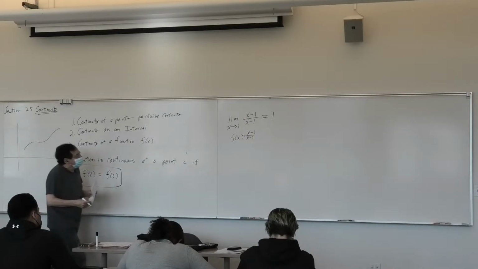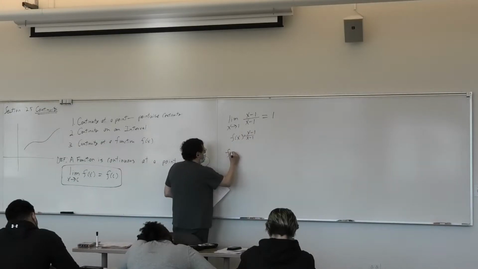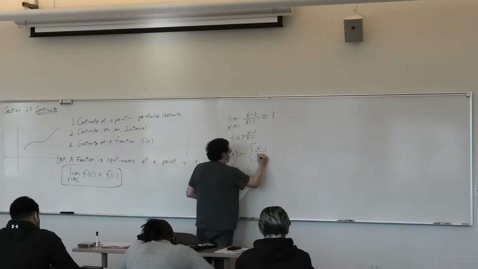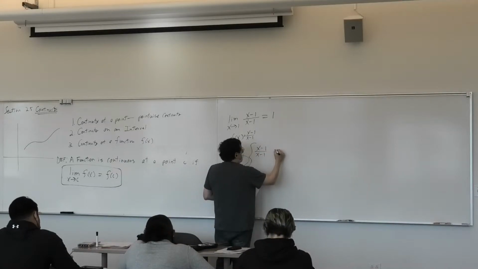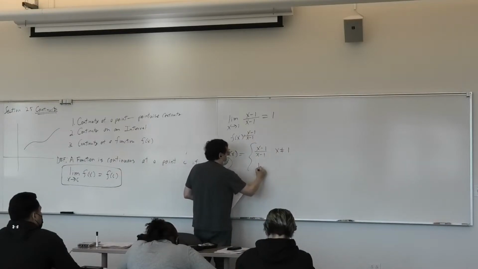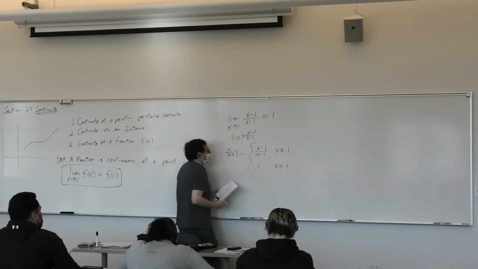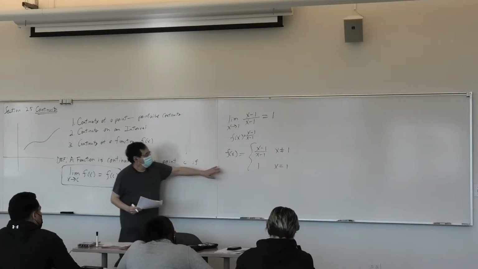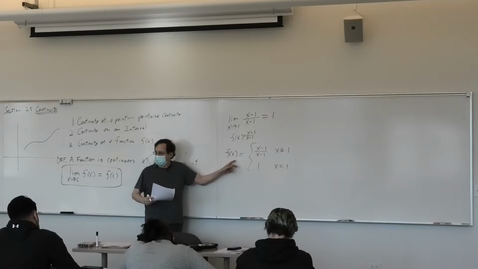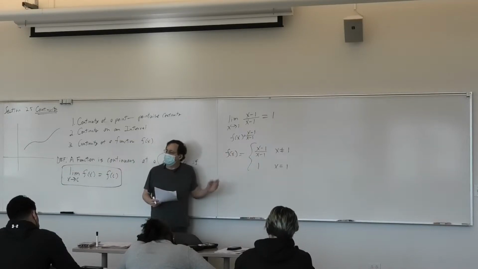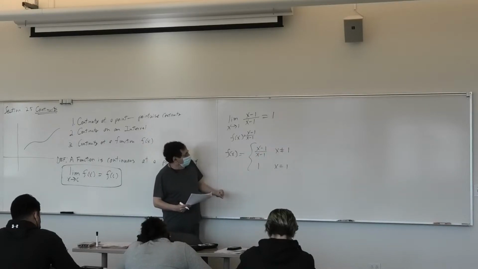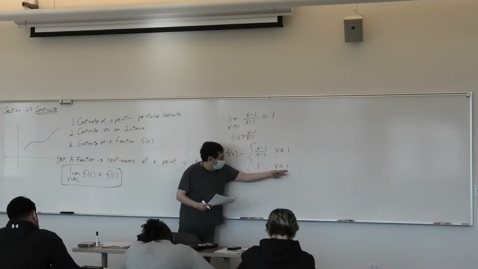Now, I could redefine this function this way. I could say f of x equals x minus 1 over x minus 1, where x is not equal to 1, and f of x equals 1, where x equals 1. This is a perfectly good function, and it's continuous, not just at 1, it's a continuous function. It's continuous at every point. The only point that's even interesting is at 1, and we fixed it.